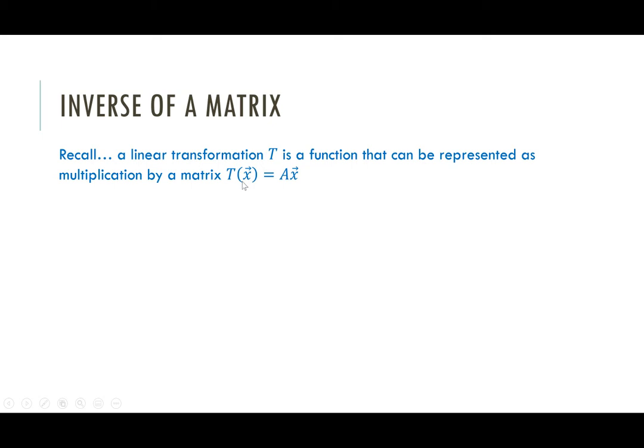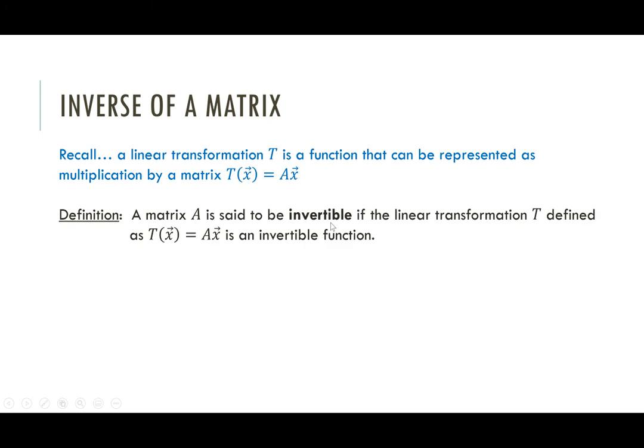It takes it to whatever vector you would get if you multiplied x by the matrix A. If we're thinking of matrices as functions through multiplication, then what should the inverse of a matrix be? Well, by definition, a matrix is said to be invertible if the linear transformation defined through this matrix multiplication is invertible.